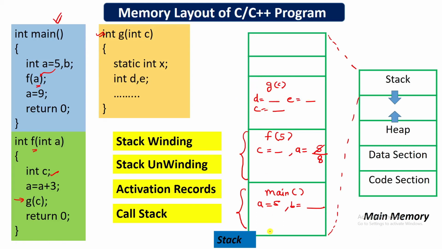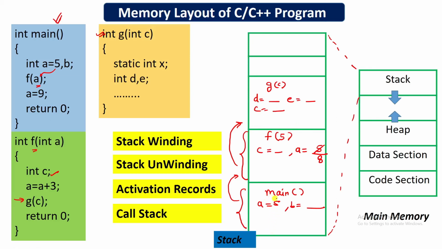Now what is the other information that will be stored in each stack frame? It is the return address. When the g function is over with its work, it will return to the f function. So when these function calls are stored on each stack frame, at that time the return address is saved inside the stack frame.